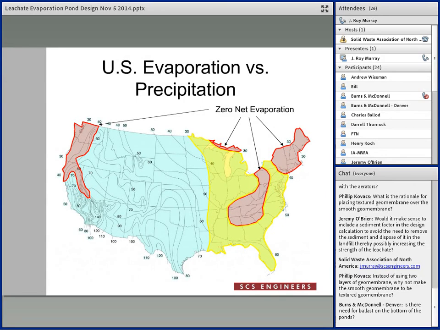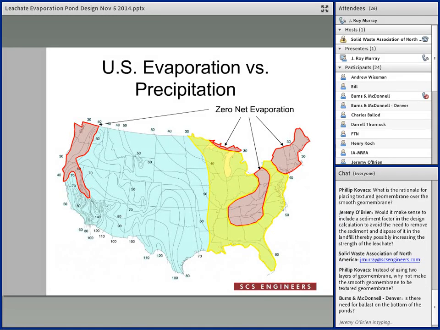But my recommendation would be then that you pull the bottom of the ponds up to where you don't have to put in ballast, because it just doesn't seem to make sense to dig your hole bigger so that you can go putting dirt back in the pond.